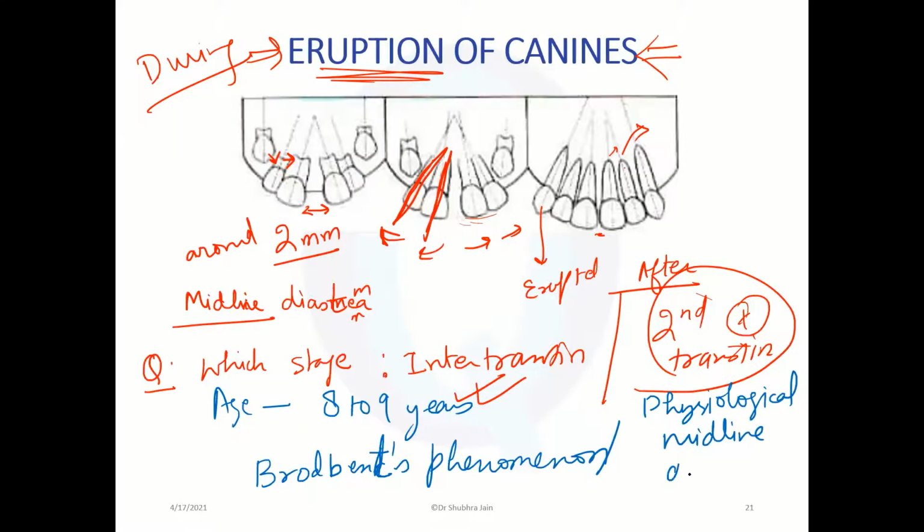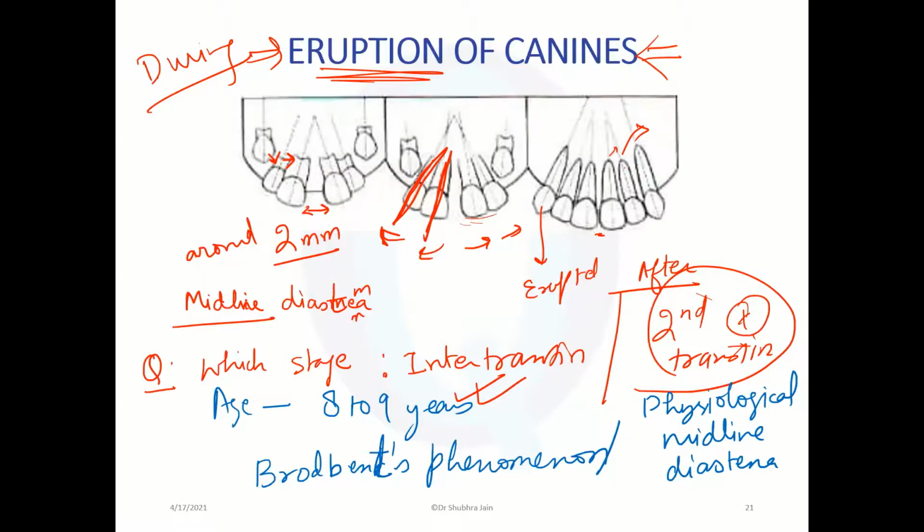So if a child of 8 to 9 years comes to you for treatment of midline diastema, you would tell them that this is normally occurring and does not need to be treated. I have a video on closure of midline diastema on the P-Wired channel on YouTube.